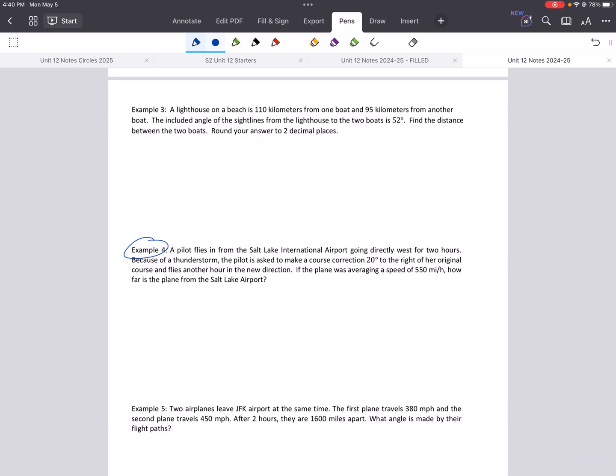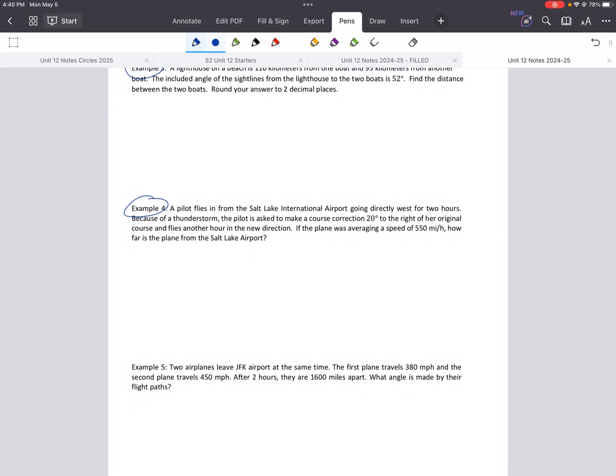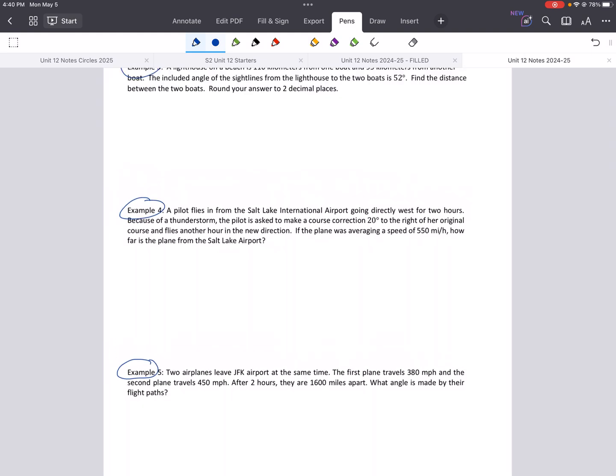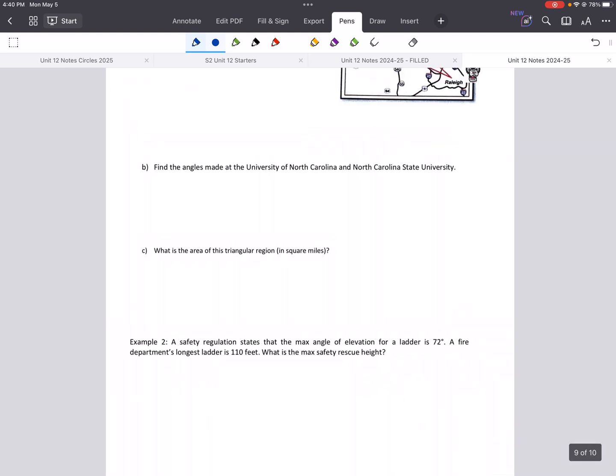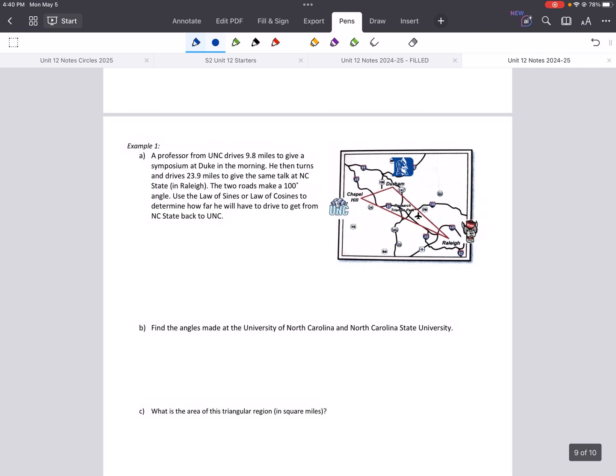I guess we have 2 airplane ones. I think this is one that you'll probably see something similar to on your homework, and this is another airplane one that might be good to have a look at. So for sure, maybe go over those. I'll probably go over those three, and I'll probably also talk about example 1.